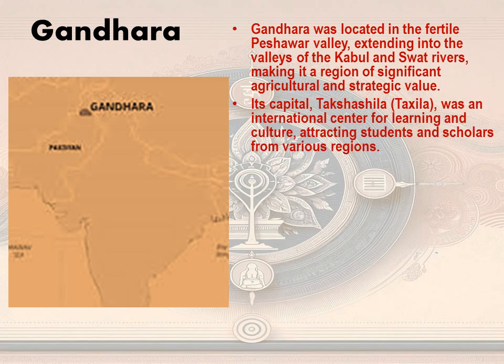Its capital was at Takshashila, which is modern Taxila, and this was an international center for learning and culture, attracting students and scholars from various regions. This Takshila, the city which was the capital of Gandhar, possessed the first university in the world, and definitely the earliest university in the Indian subcontinent.